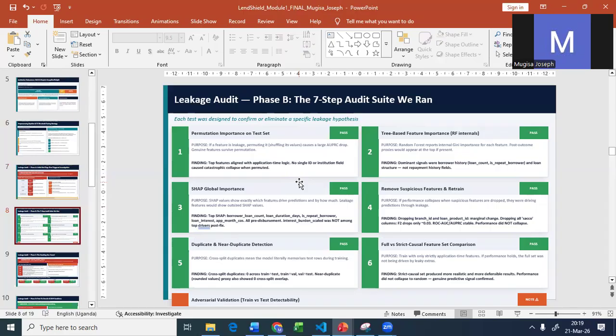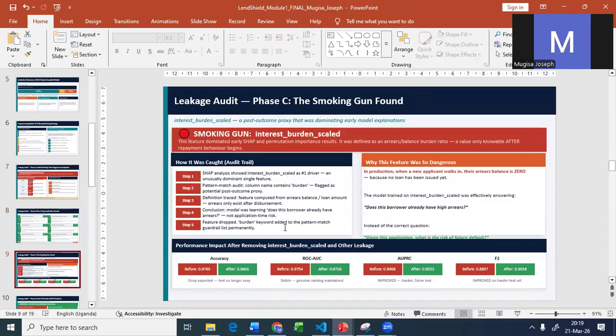Then we happened to catch a feature like interest burden, which was defined as arrears over balance. That is the interest arrears, the interest we are demanding, over the balance that you have, that ratio there.